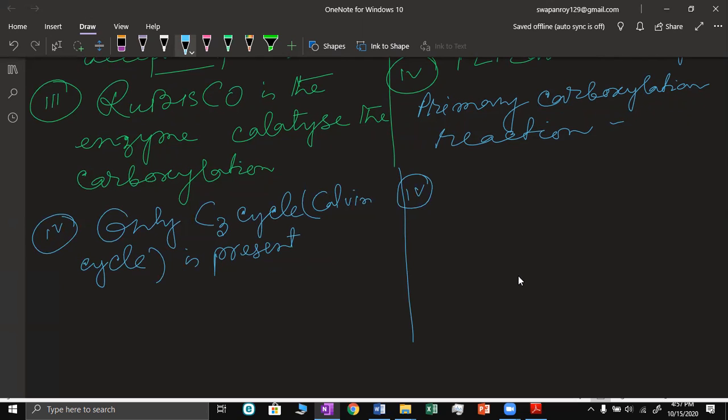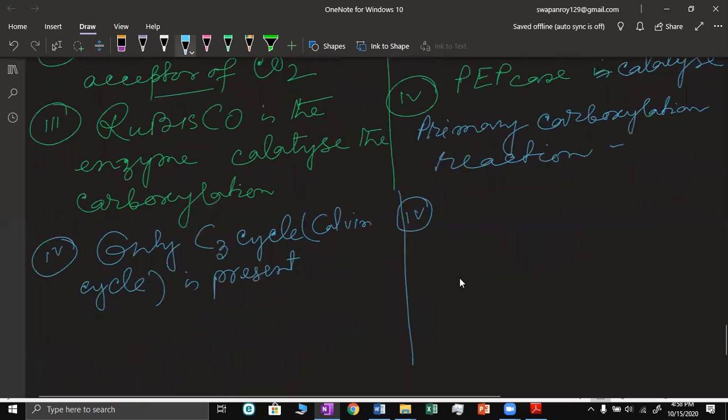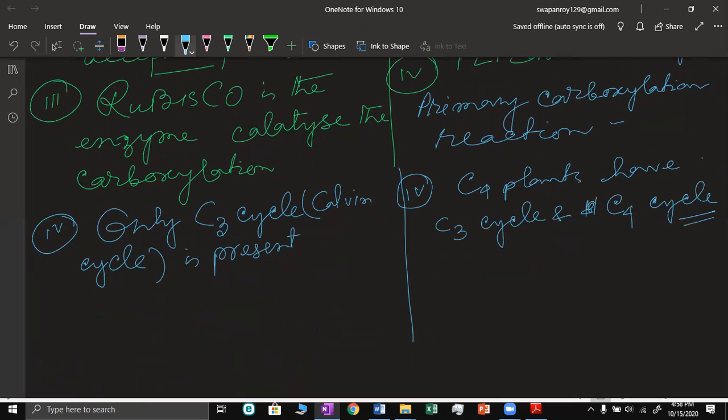So all the photosynthesizing plants have the C3 cycle. So these C4 plants have the C3 cycle as well as the C4 cycle, which means 2 cycles, is it?